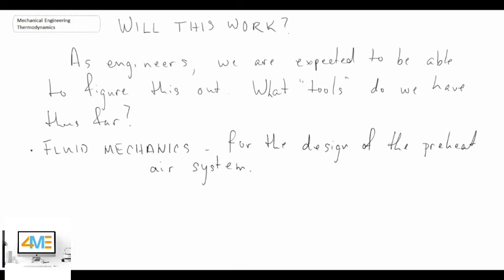What kind of calculations might you use there? Well, you have to know how to size the blower. By that we mean what kind of pressure rise will the blower generate, and that pressure rise would have to equal the pressure drop that you'd have going through that heat exchanger. So with fluid mechanics, you may be doing things like determining pressure drops in lines, because remember there were other lines that we had for sending the fluid through the turbine.